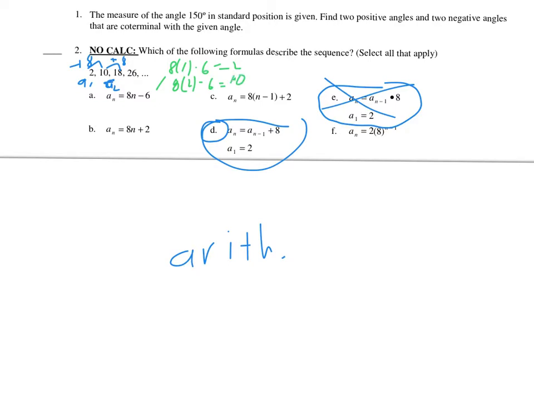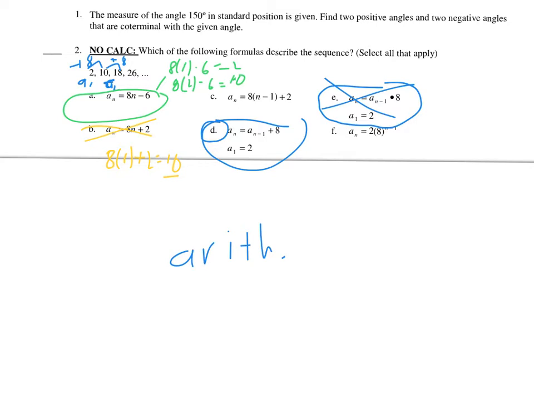You can keep checking, but that one works out, so I'm going to say A is correct. And B is incorrect, because 8 times 1 plus 2 gives you 10. That's the wrong term there. 10 is a term in the sequence, but it's not a sub 1.